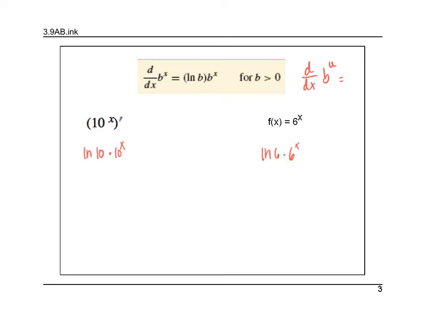The outer is the b to some power, the inner is the u. So the rule for the b to the u would be ln b times b to the u, and then for chain rule we would multiply by u prime. So it might help to remember these rules as a chain rule instead of just the rule in isolation.